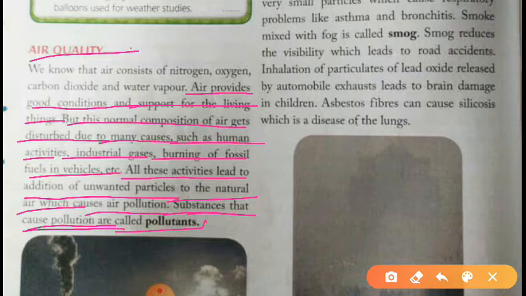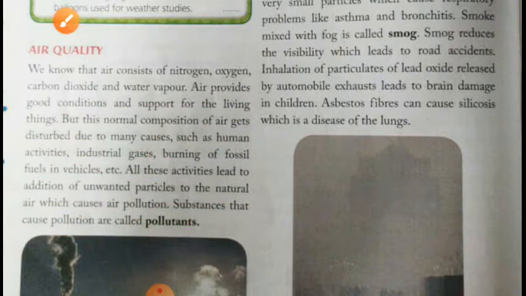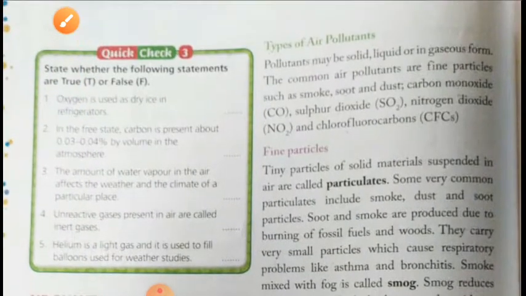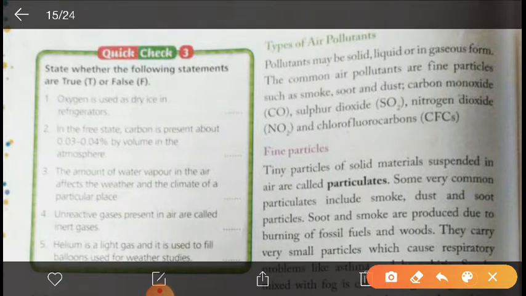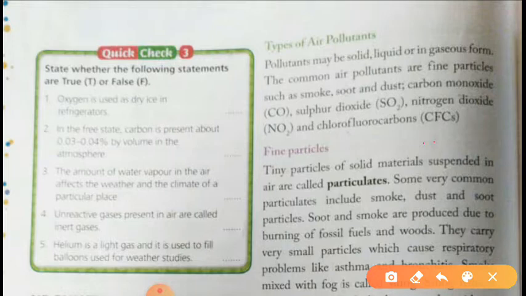So now we will see the types of pollutants. There are so many types of pollutants, but we will see some of them. Pollutants may be solid, liquid, or gaseous pollutants, okay?